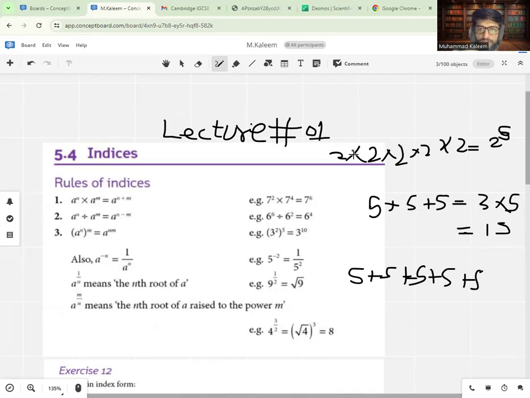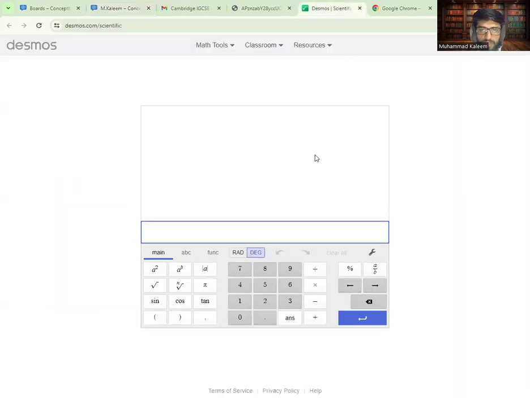Same debate we have in indices. If a number is repeating itself many times in multiplication, you just have to write that in index form, and we can calculate directly by using the calculator. You can see we have a calculator.